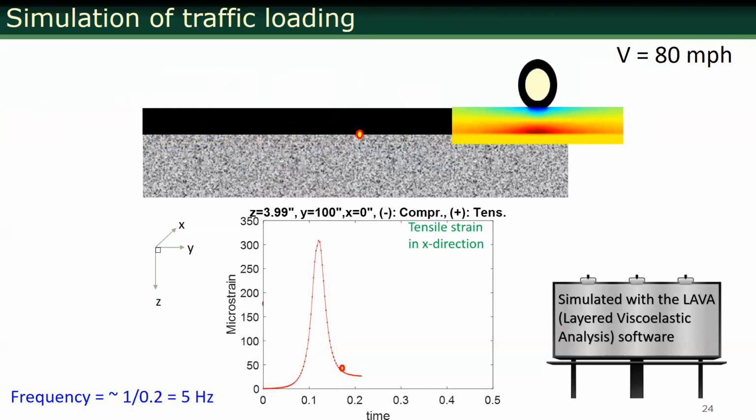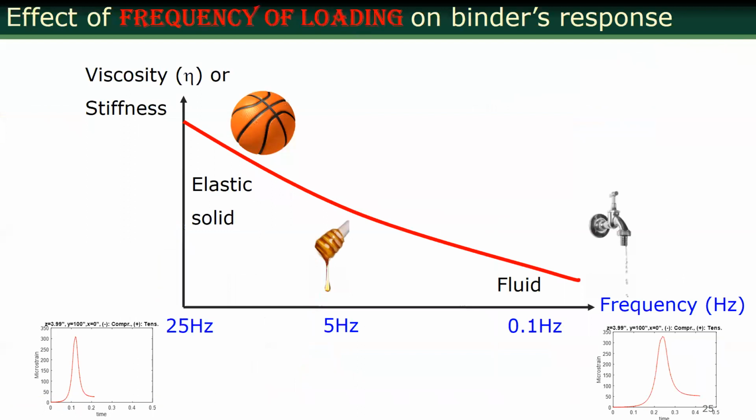Speed and frequency. All the tests that we run are based on frequency. We don't use speed. We just convert it, with an approximate conversion from speed to frequency. So we are looking at 25 hertz, very high frequency, down to 0.1 hertz. The curve remained the same, so speed versus frequency is the same.